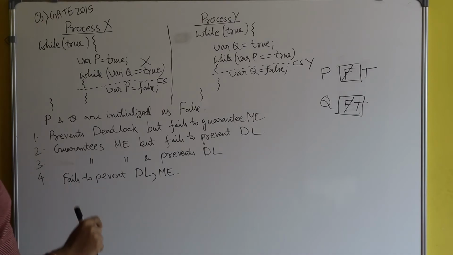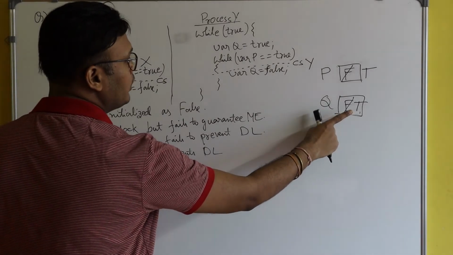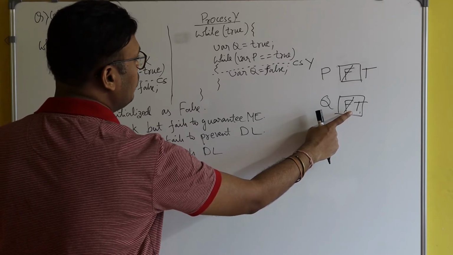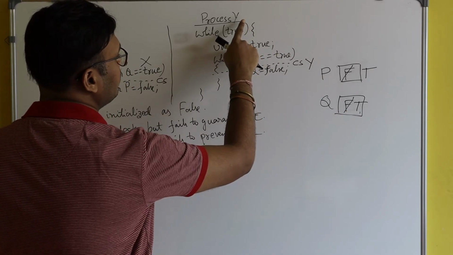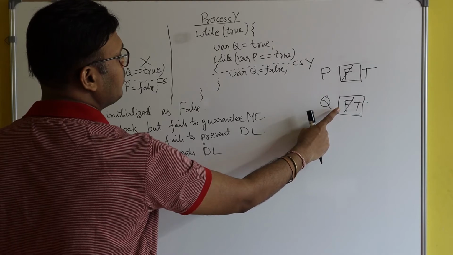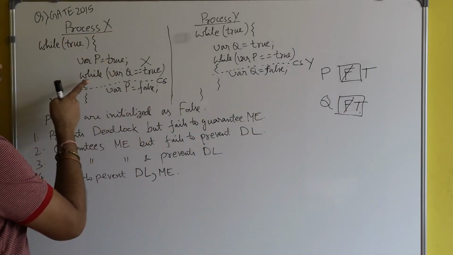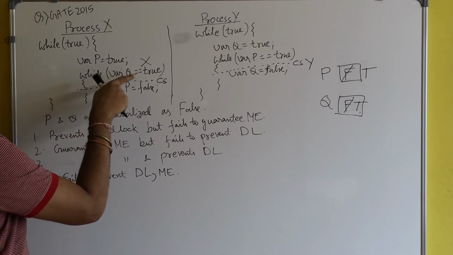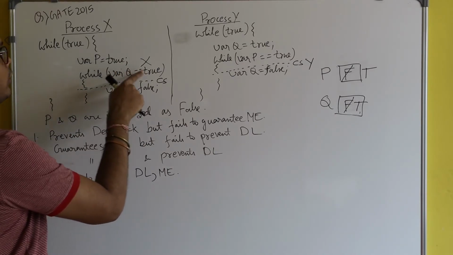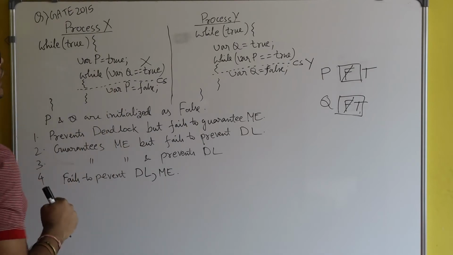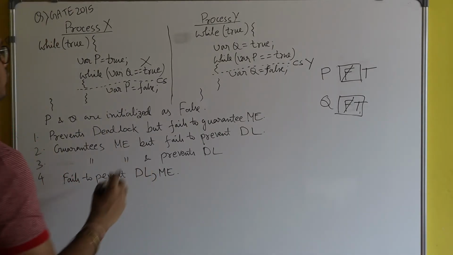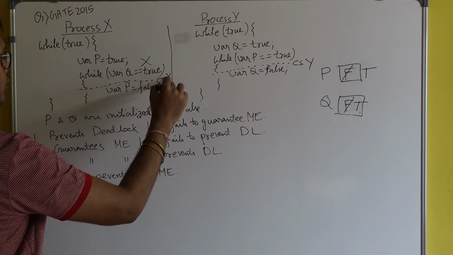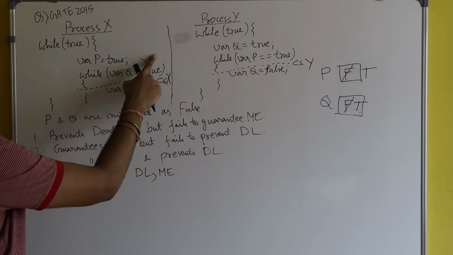This time variable Q is true, set by process Y. So true is equal to true, this condition is also true, and process X also enters the critical section.